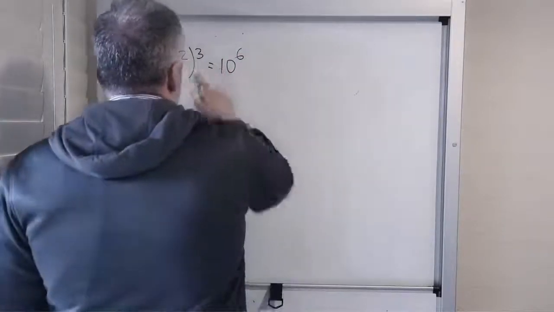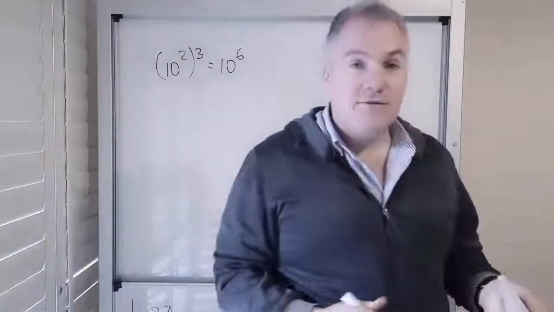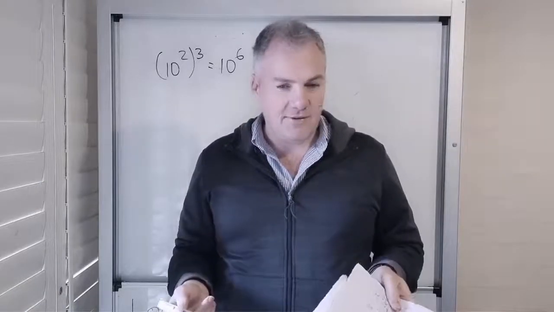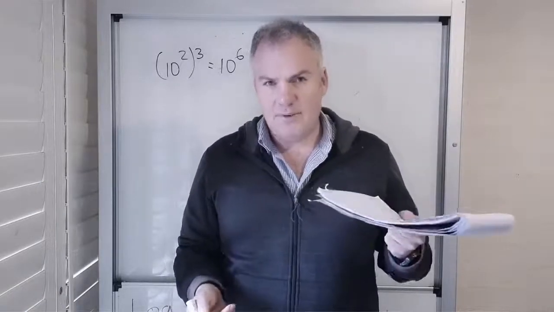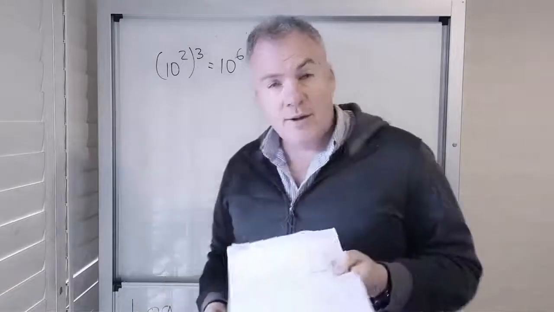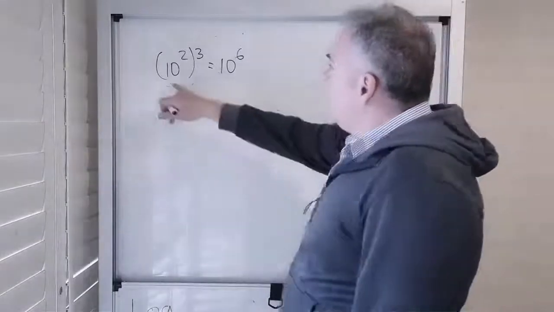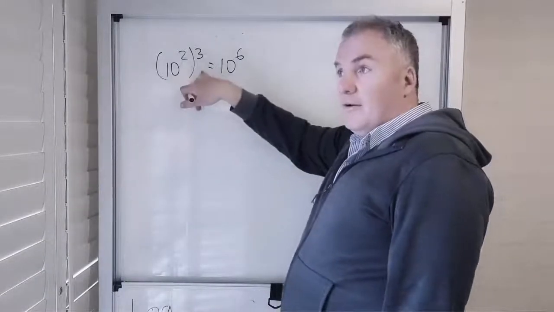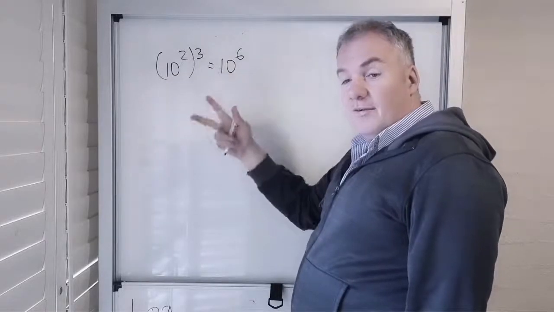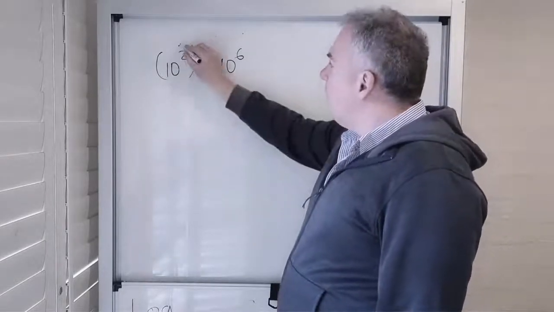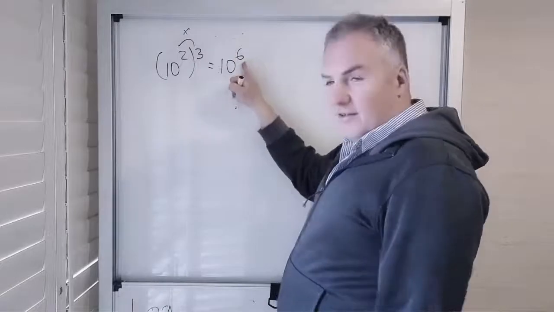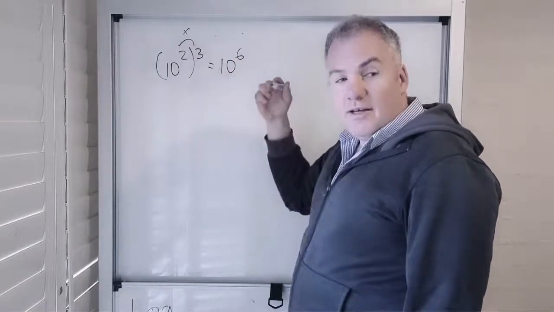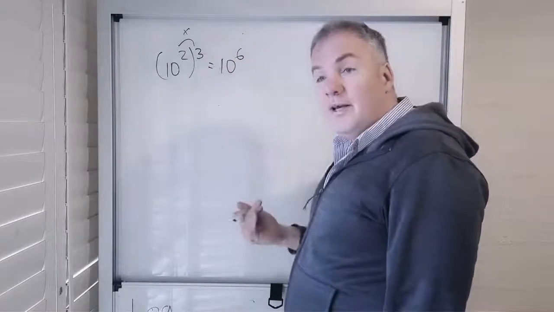We know that because that's like 100 times itself 3 times. I'm not going to write out all the zeros because I want some space on the board for one more thing. But this is 100 to the power of 3, so it's 100 times 100 times 100. You can times these ones together and chuck the 6 there. That's the index power of power property.